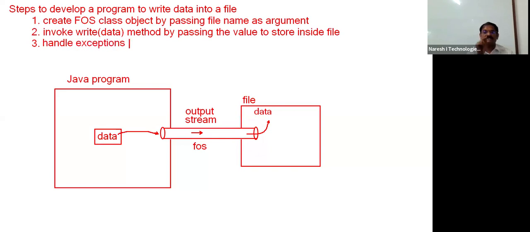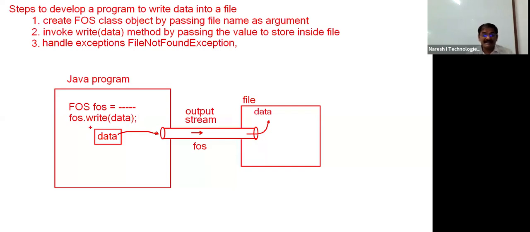Handle exception. What exception? The Java program is trying to connect to a file. First of all, that file must be available. File not found exception, comma. First, what we did? We created a new FOS object. After this FOS object is created, you are calling which method? FOS dot write of data.